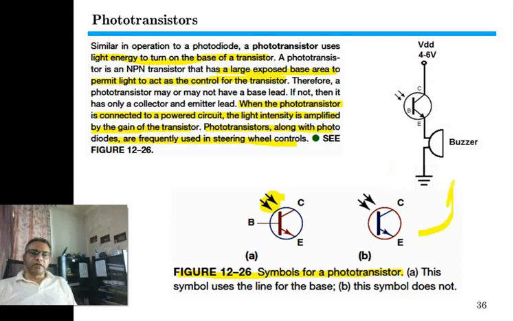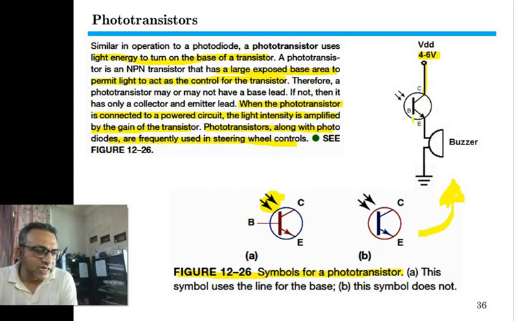Now, if you look at the circuit above, it shows the simple circuit of detecting light by using a phototransistor. In this circuit, what we have is a power supply ranging between 4 volt to 6 volt. Then we are using a phototransistor. The collector is connected to the power supply.